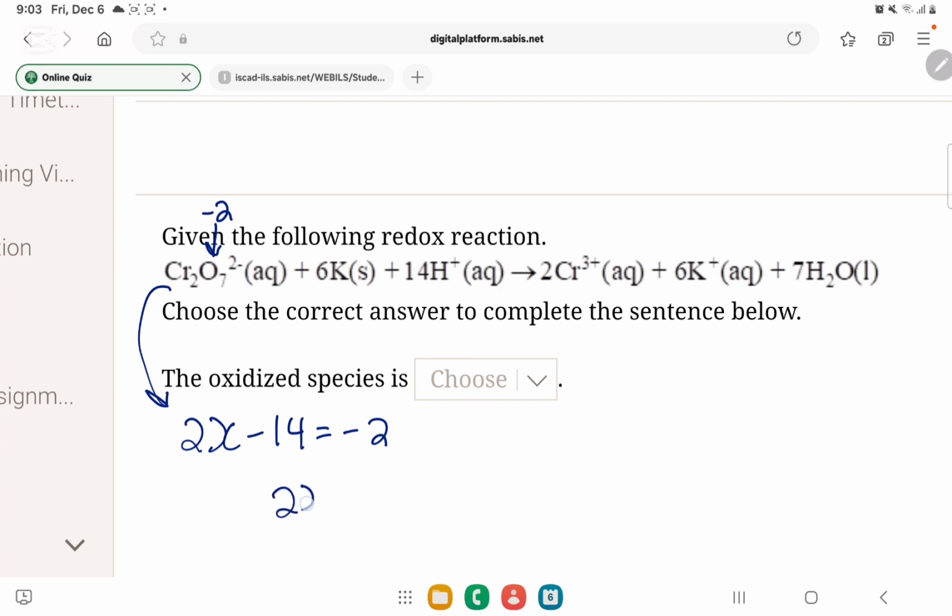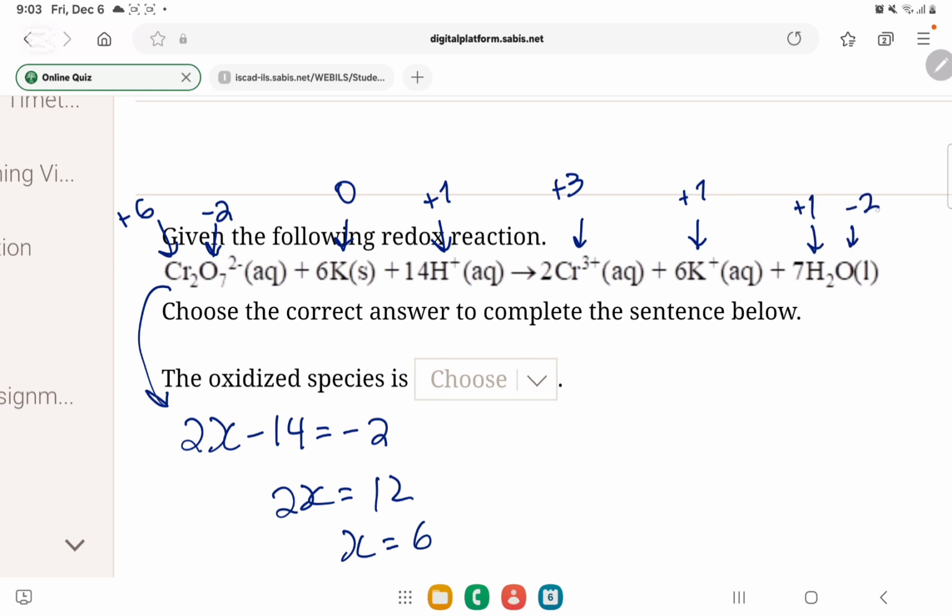If we solve, 2x is equal to 12, so x is equal to 6. So Cr is +6, and then K, since it's in the elementary state, is 0, and hydrogen is always +1. And then here Cr is +3. And here they already told us it's +1, and +1, -2.